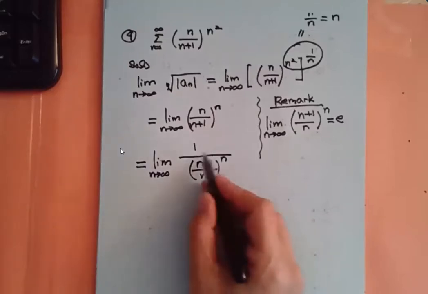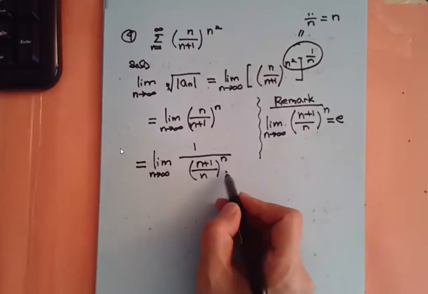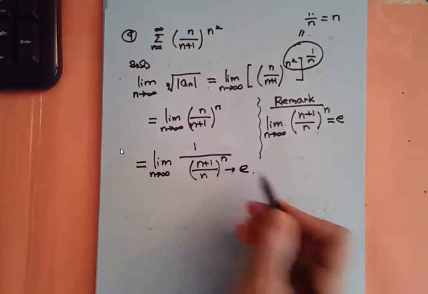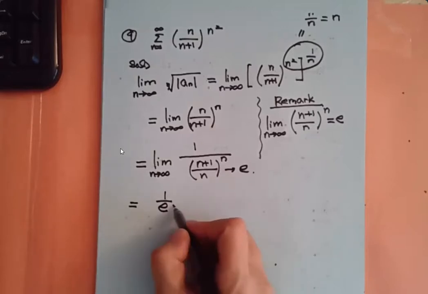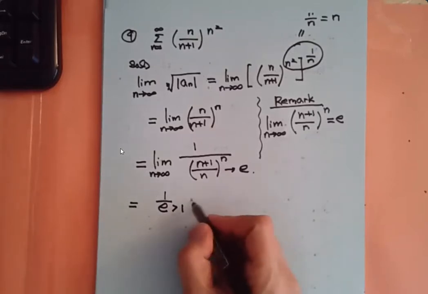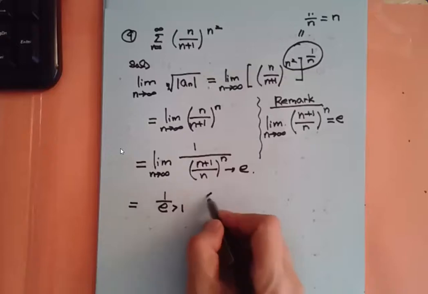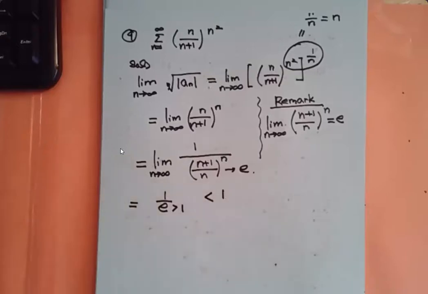So this one goes to e, right? And so the limit will be 1 over e, and e is greater than 1. So 1 over something greater than 1 will be less than 1.